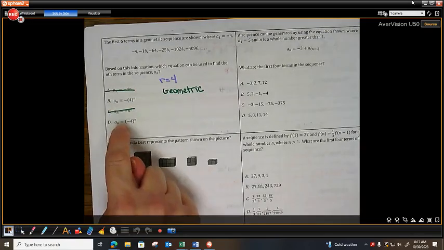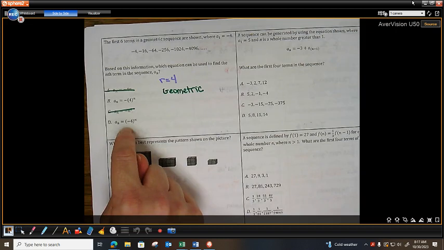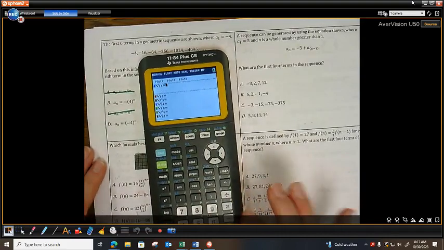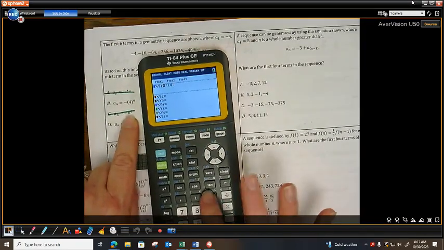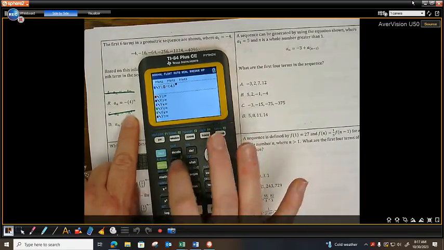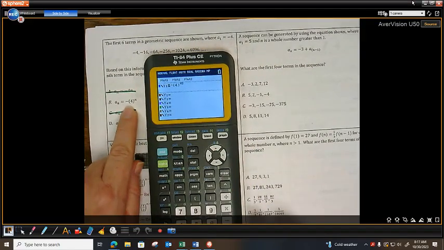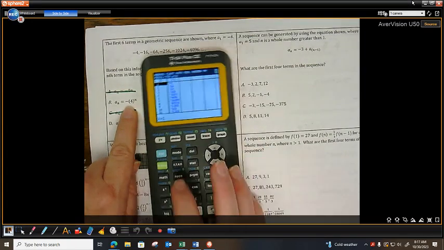Are these recursive? You see the a of n minus 1 or the f of n minus 1? No. So can I put these in the calculator and pull up the table? That's what I would do. So negative parentheses 4 raised to the x power. And then go to the table.